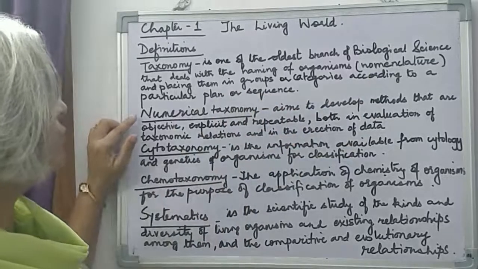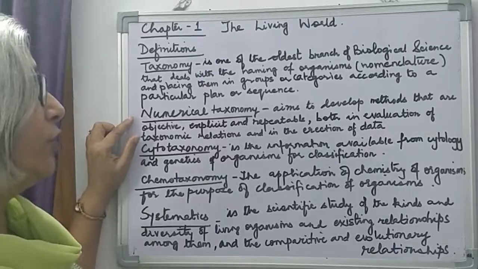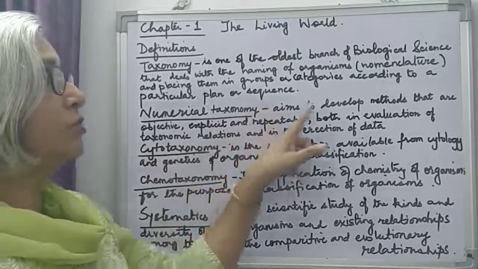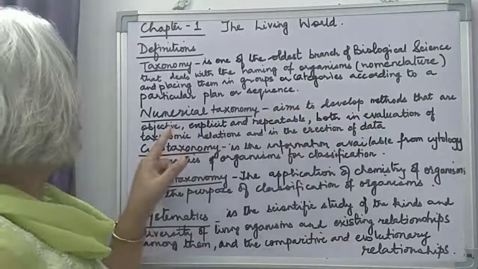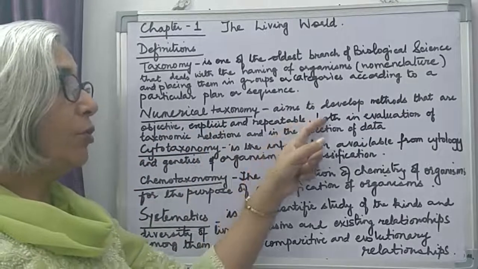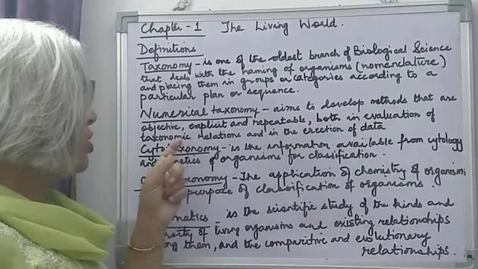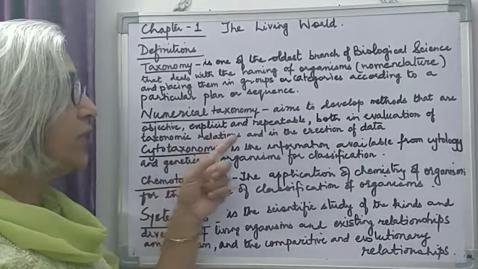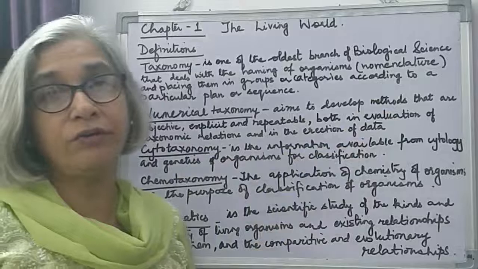Then we come to numerical taxonomy. Numerical taxonomy aims to develop methods that are objective, explicit and repeatable, both in evaluation of taxonomic relations and in the erection of data.